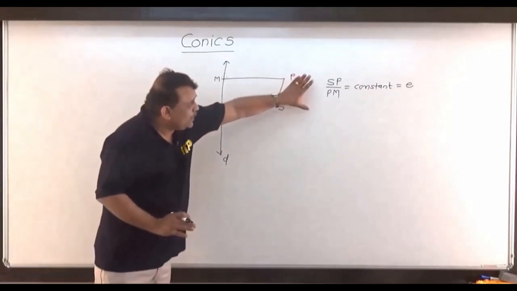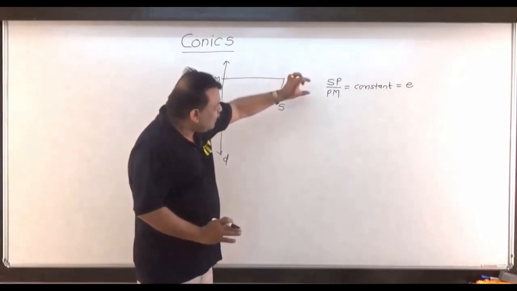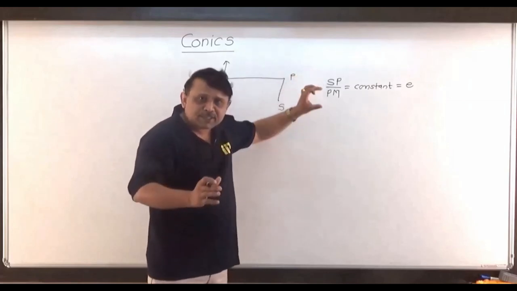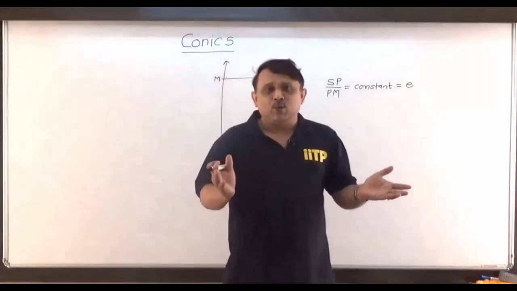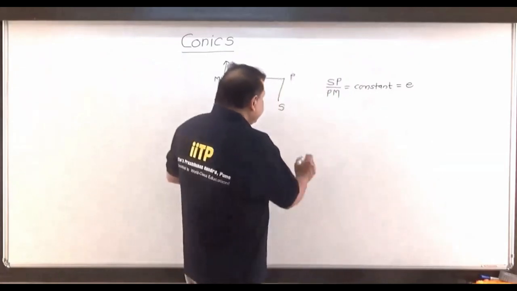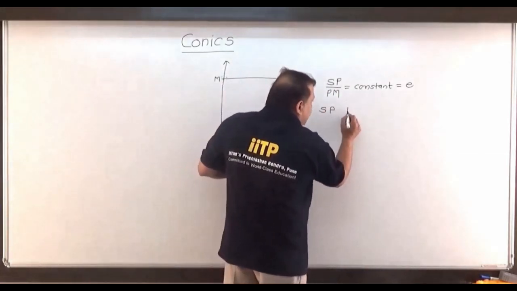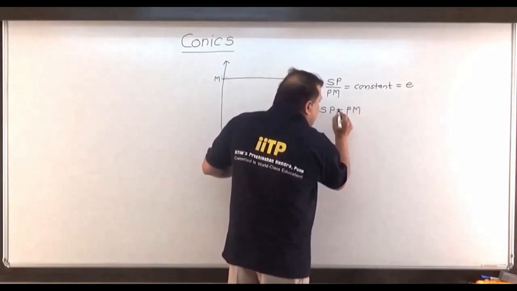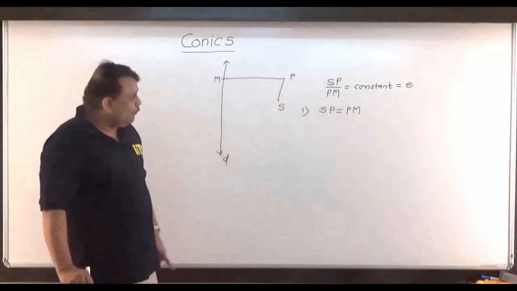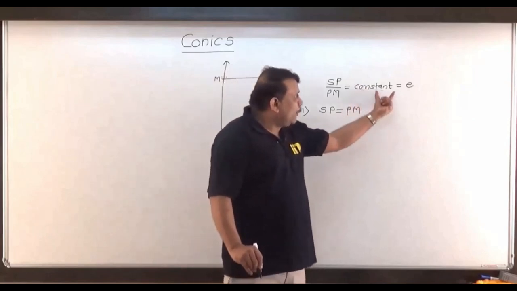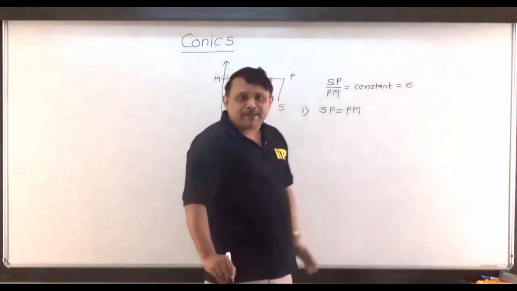Now, as I am dealing with two distances, I can make three cases over here. Case 1: the distance SP and the distance PM are the same. When SP is equal to PM, automatically E becomes 1.